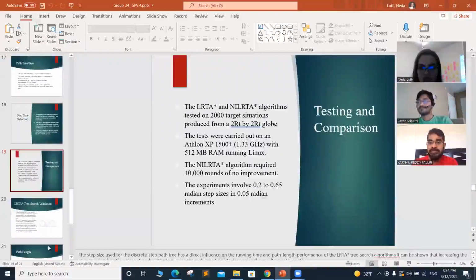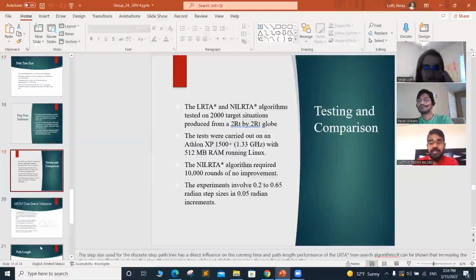Moving to the next slide, testing and comparison. The LRTA and NLRTA algorithms were tested on 2000 target situations produced from a random target globe. The tests were carried out on an Athlon XP 1500 plus at 1.33 GHz with 512 MB RAM running Linux.